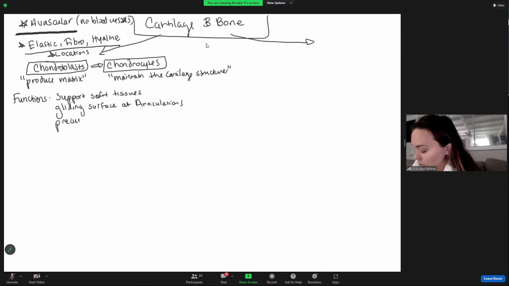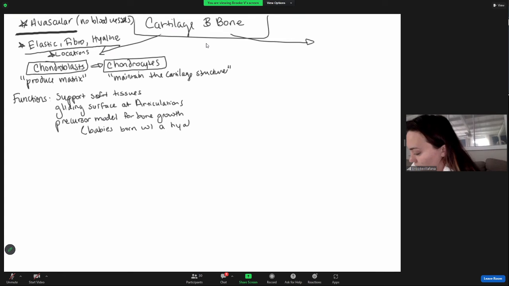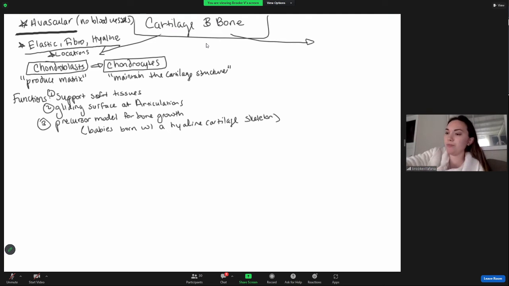And then it's also a precursor model for bone growth. So in babies, right, babies are born with a hyaline cartilage skeleton. So those are your 3 functions of cartilage.